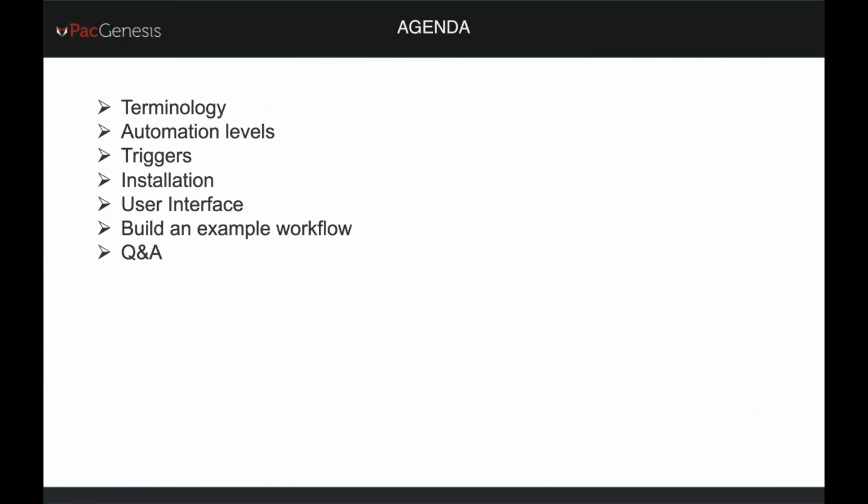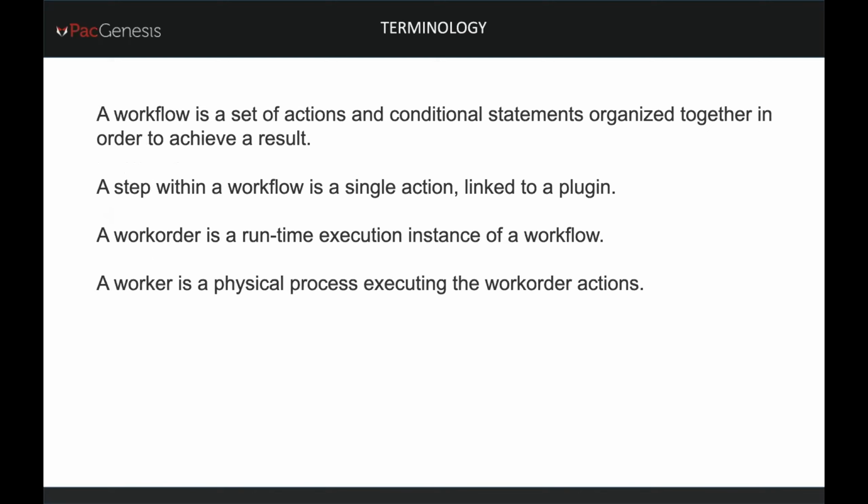So Orchestrator has a lot of components in it, so terminology is really important. We use the word workflow as the designer level view. It's the description of what is going to happen. A work order is an instantiation of that workflow.